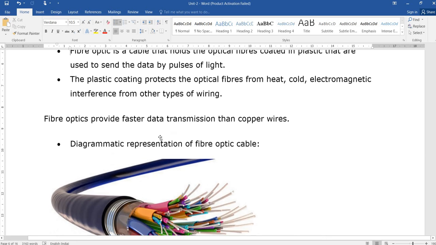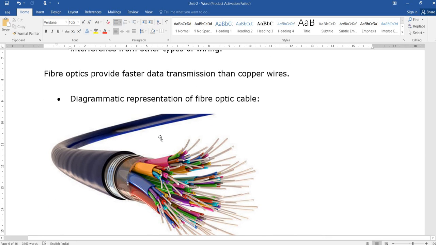Okay, let's move on. Fiber optic provides faster data transmission than copper wire, so it's very clear. It transmits the data in the form of light. Let's see here in the graphical type that we have different types of core in the fiber optics.